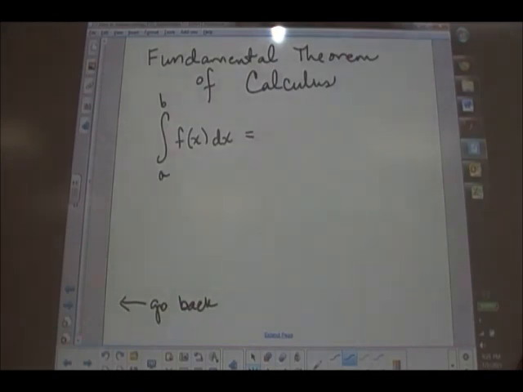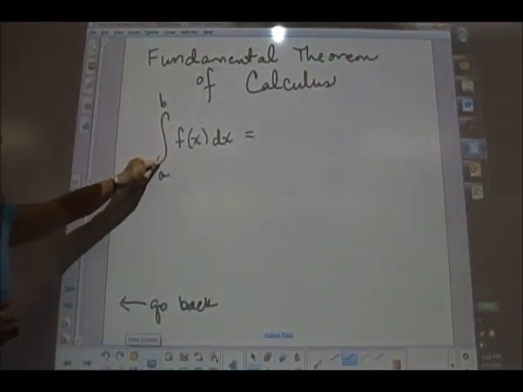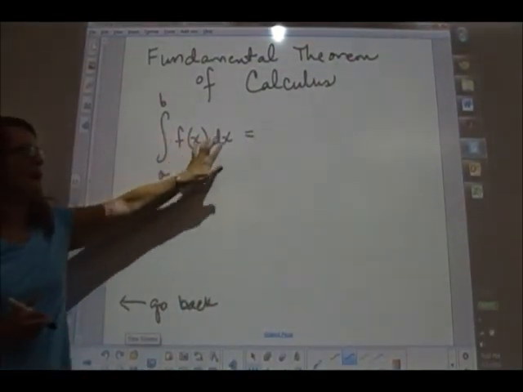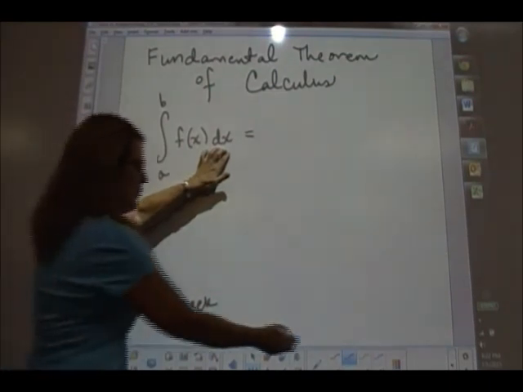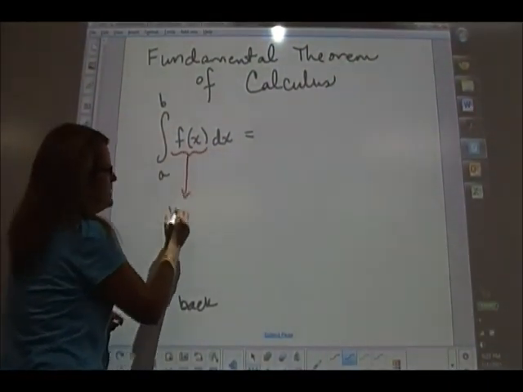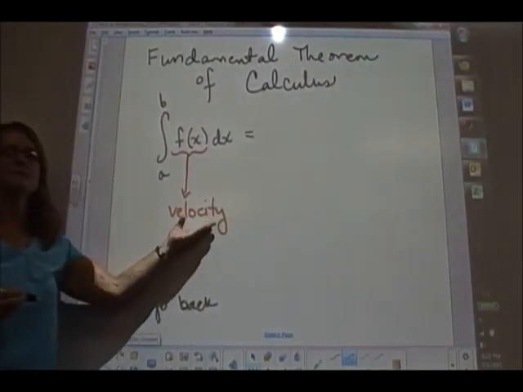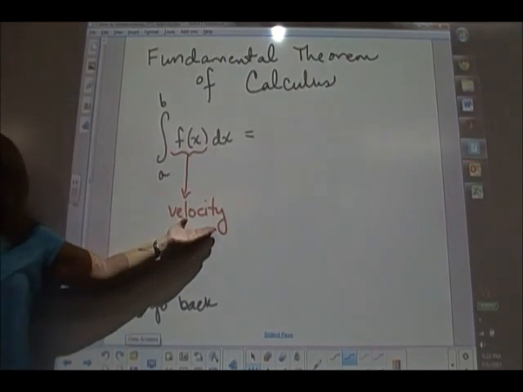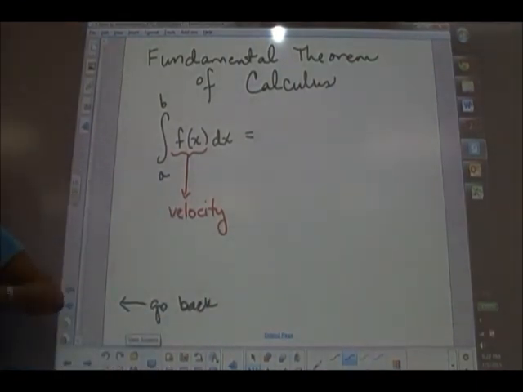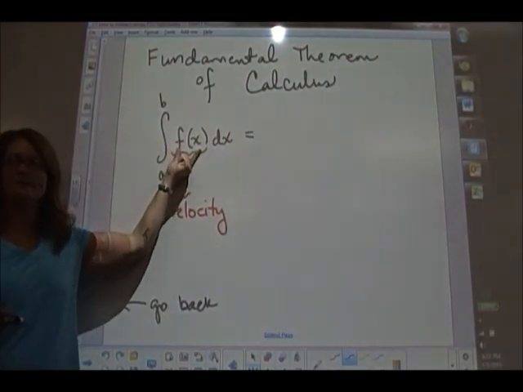So let me talk about the notation to you first. You know about the integral symbol. And you know about the f of x dx. So what you're looking at here, there's your velocity function. And so you're trying to find the function for which this is the derivative. That's the antiderivative stuff we've been doing.